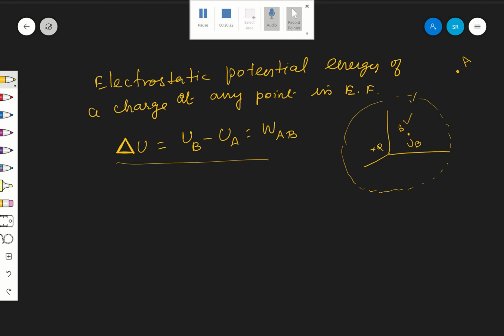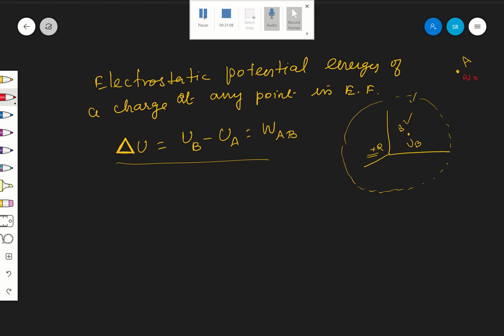I want to find out the electrostatic potential energy of a charge Q naught at B in an electrostatic field produced by a source charge plus Q. Therefore, keep the test charge Q naught here, and from there you bring the charge.